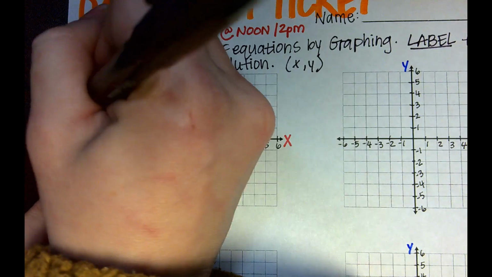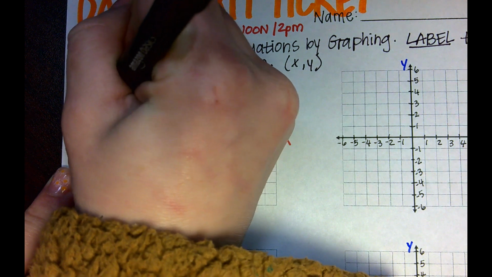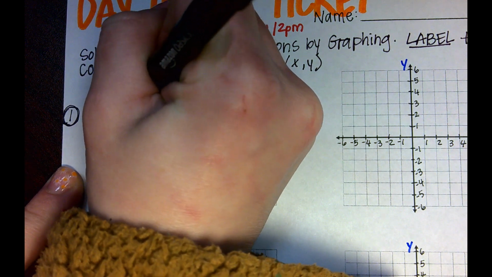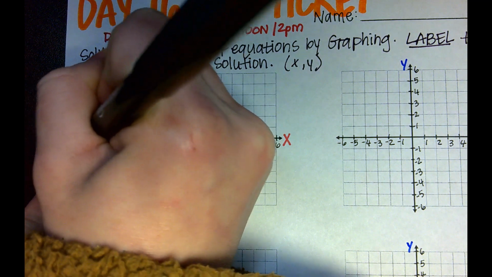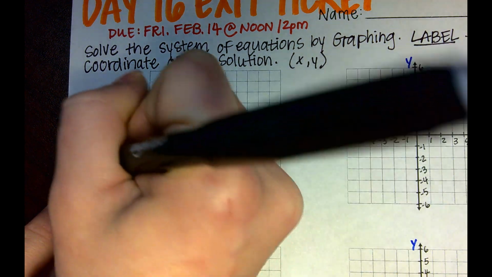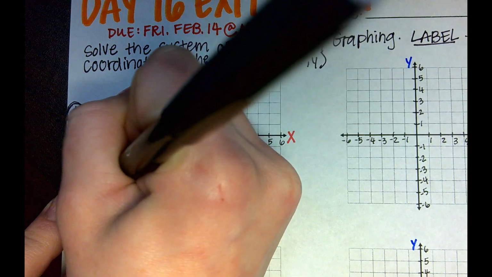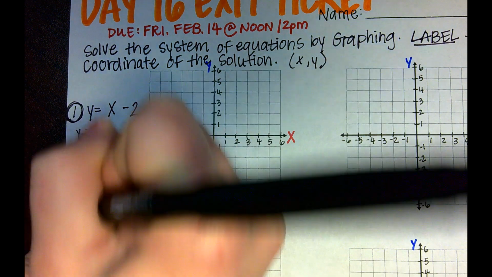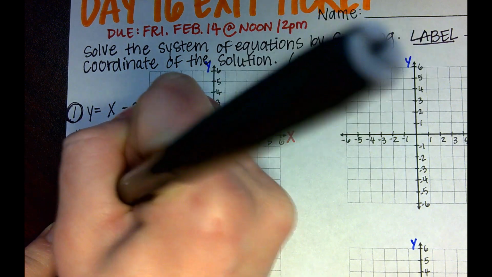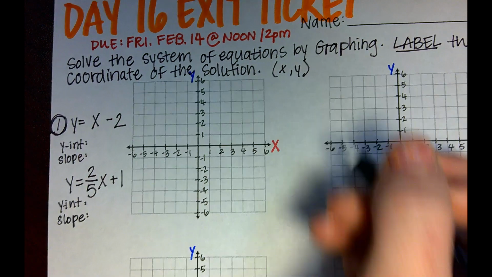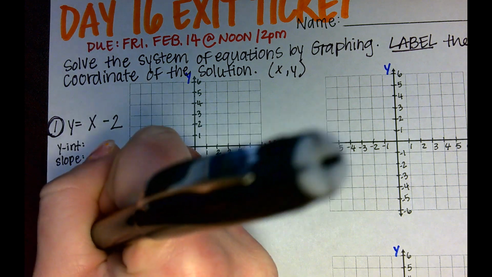Let's do y equals x minus 2 and y equals 2/5 x plus 1. And over to the side, I'm going to give you a space. Solution.